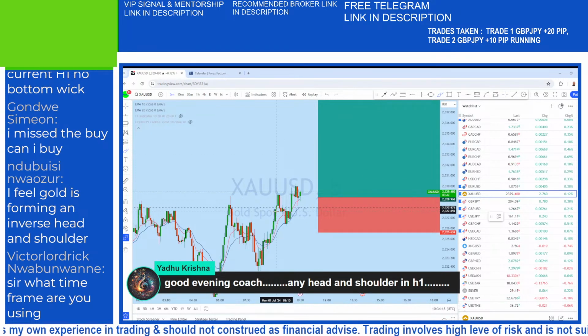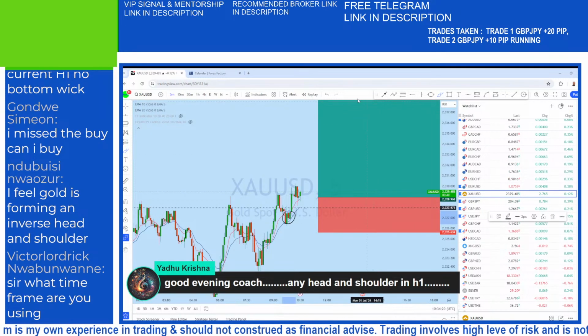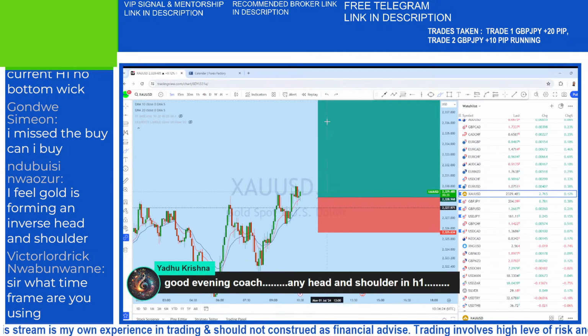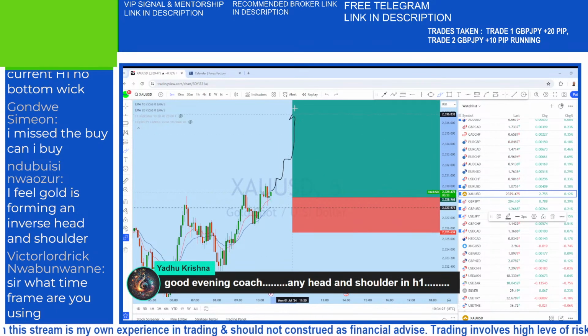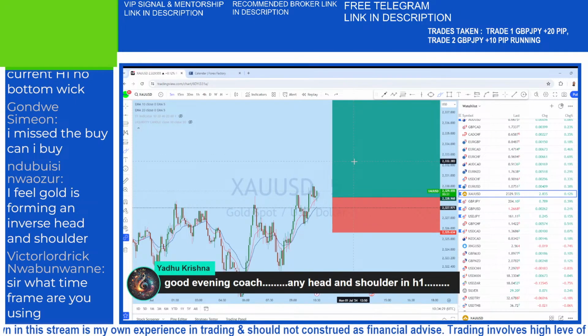Okay, so you can see this is a liquidity zone, previous resistance turned support, and expecting it to trend in that direction.